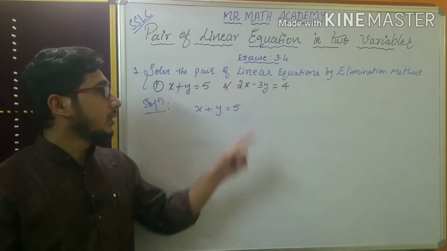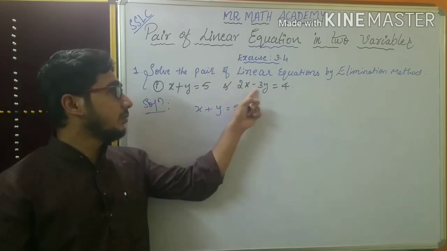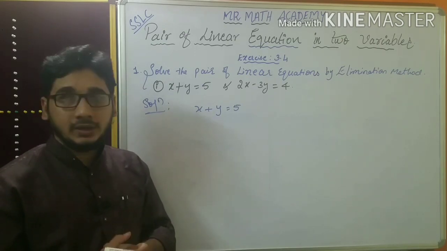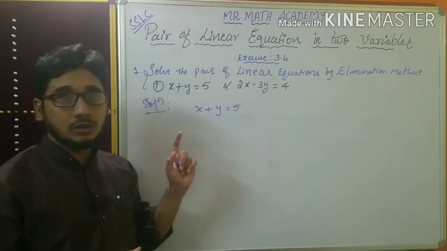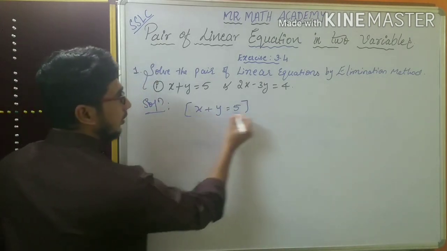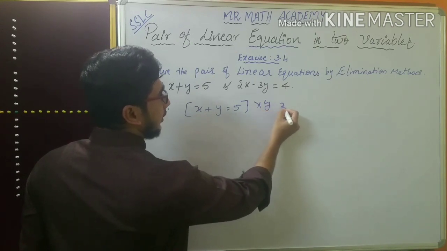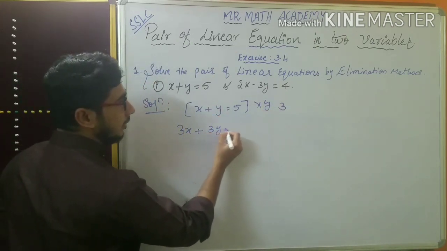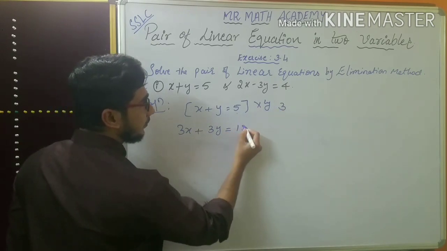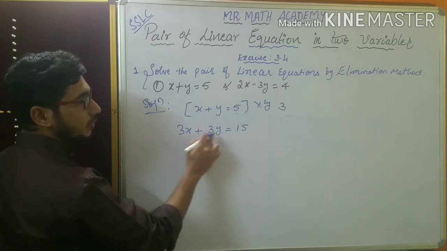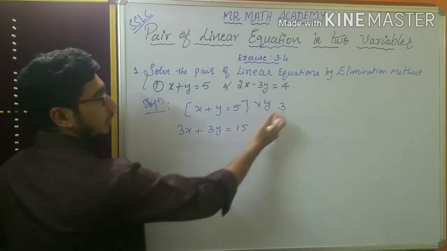Otherwise, think about it, it has negative signs, plus and minus, different signs are there. So I'll try to make y equal, then I can solve easily. So this entire equation multiply by 3, then what will happen? 3 into x, 3x, plus 3 into y, 3y is equal to 5 3s are 15. I turned it into 3x plus 3y is equal to 15 after multiplying by 3.